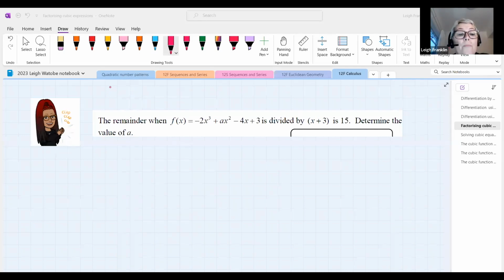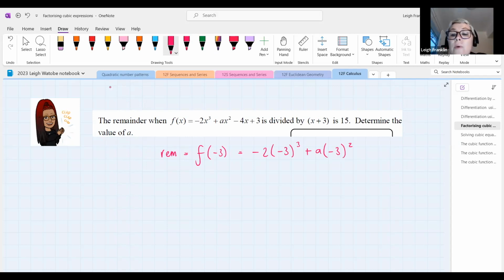Okay, so what they're expecting us to do now is to solve for a using remainder theorem. So we would set it out as follows. Our remainder, when we sub in -3, is going to be equal to minus 2 times -3 cubed plus a times -3 squared minus 4 times -3 plus 3.